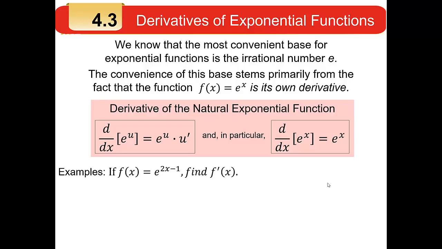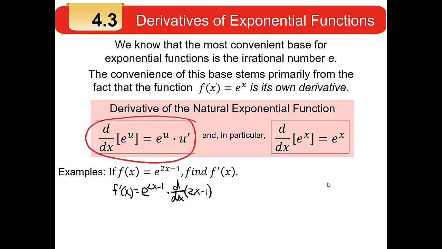The examples turn out to be pretty simple because the concept is pretty simple. For example, if I ask you to find the derivative of f of x equals e to the 2x minus 1, find f prime of x, you would simply treat the 2x minus 1 as the u in the formula above on the left. Then you would write the derivative as e to the u, where u is 2x minus 1, so it would be e to the 2x minus 1, multiplied by the derivative of the exponent.